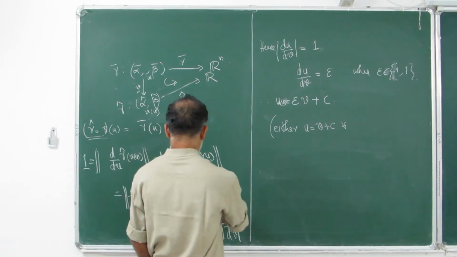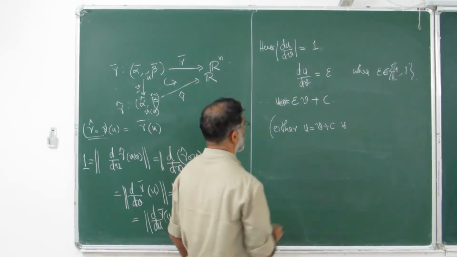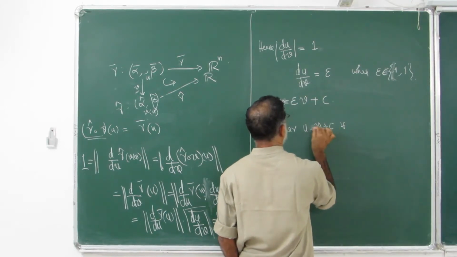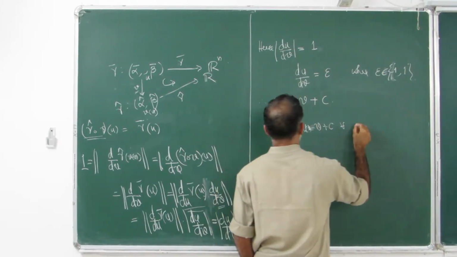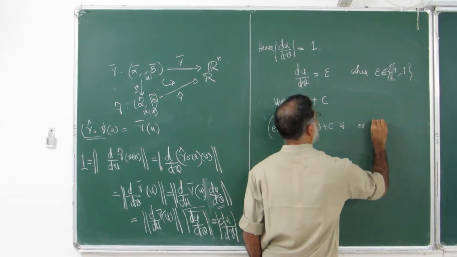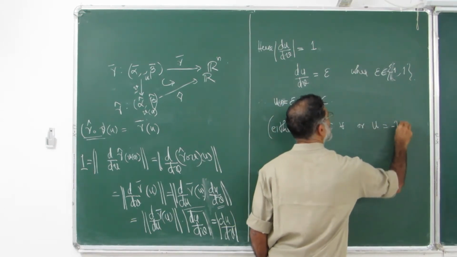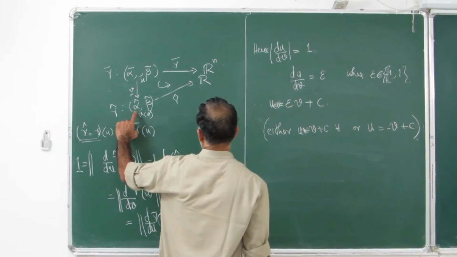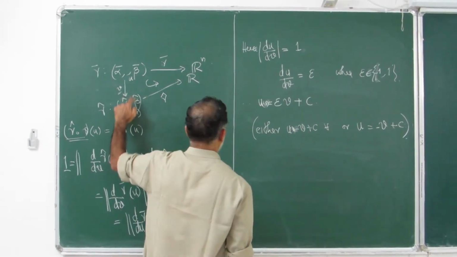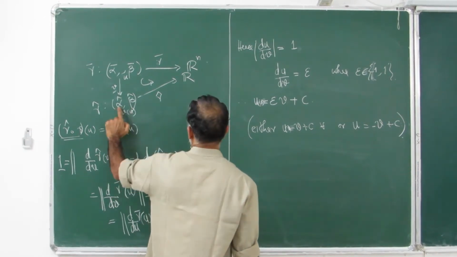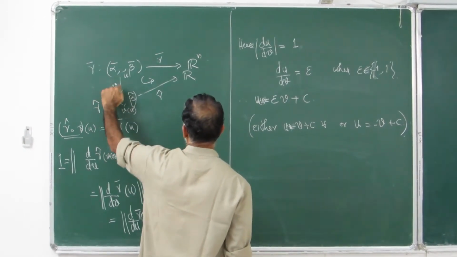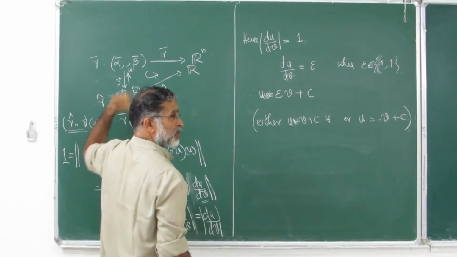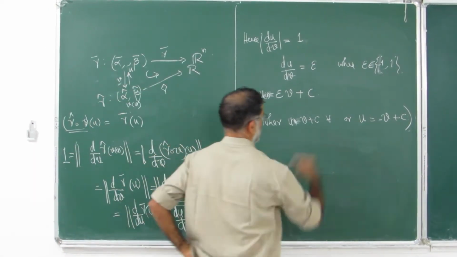So in particular, these two intervals are also related like that, because v is a bijection, u is its inverse, that's also a bijection, and they are related like this.